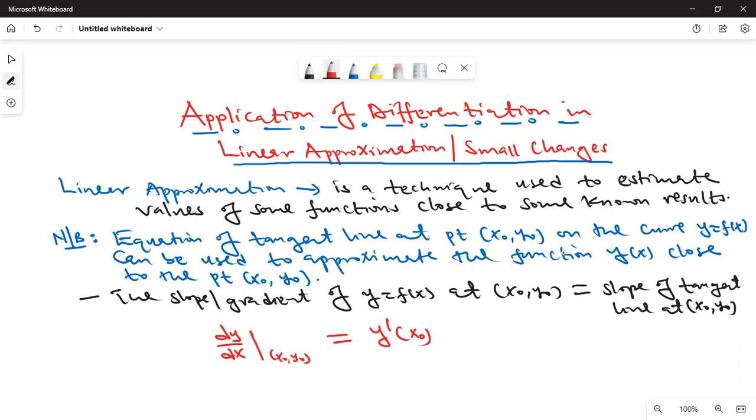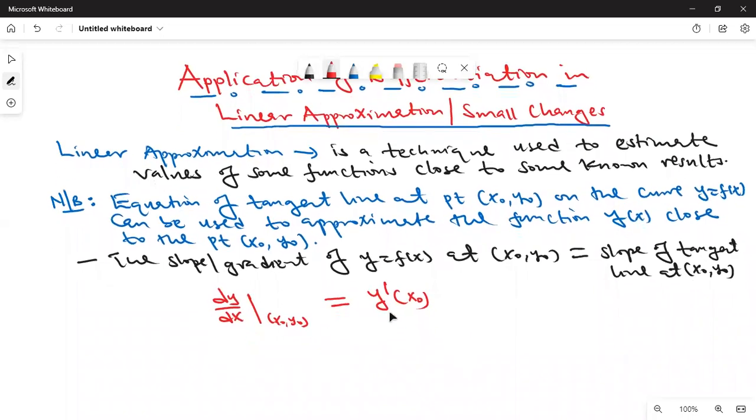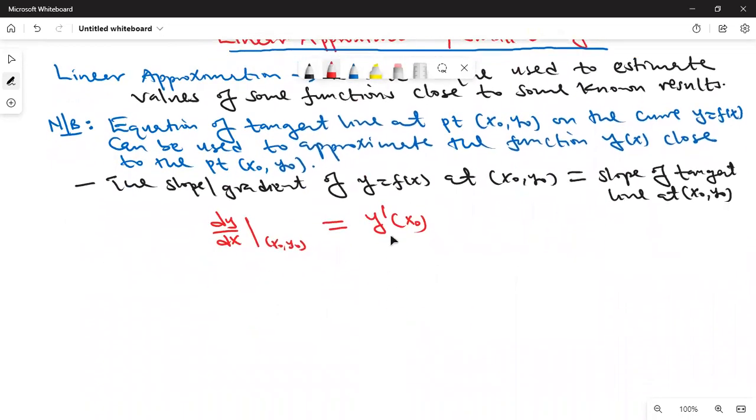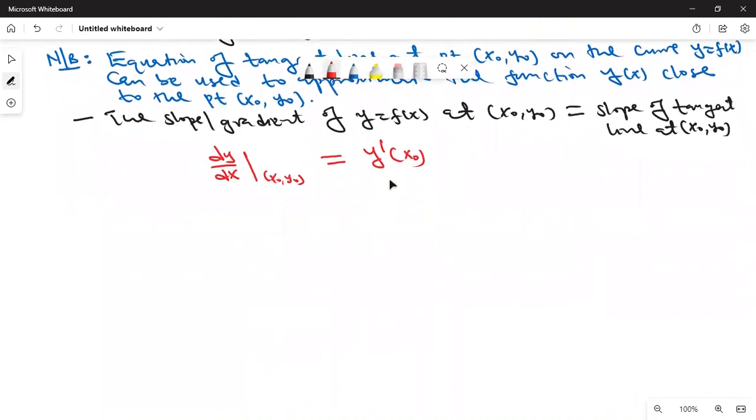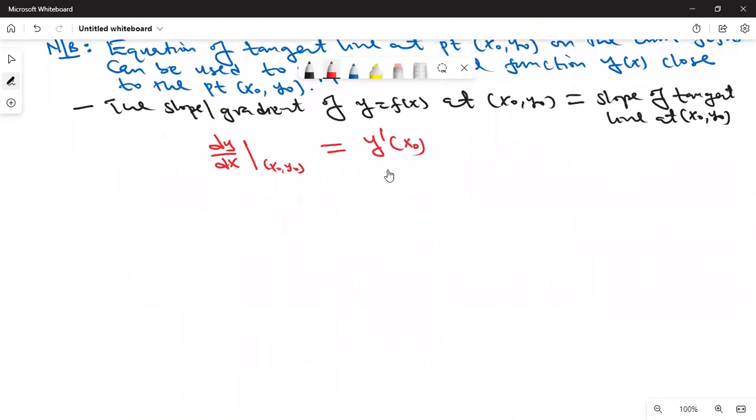So if you know the gradient of the tangent line at a point, are you able to find the equation of that tangent line? So now, the equation of the tangent line.